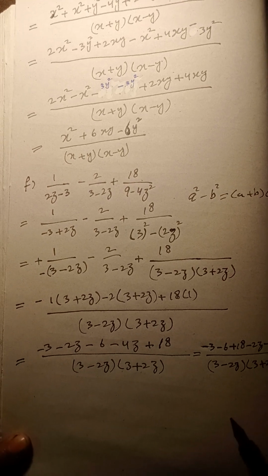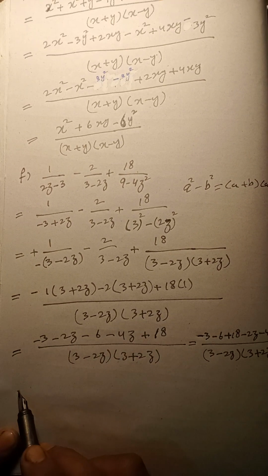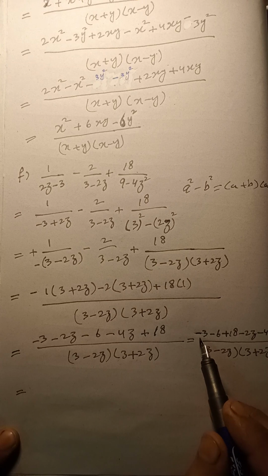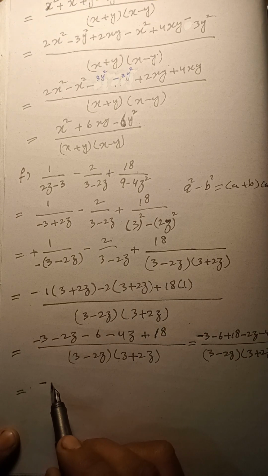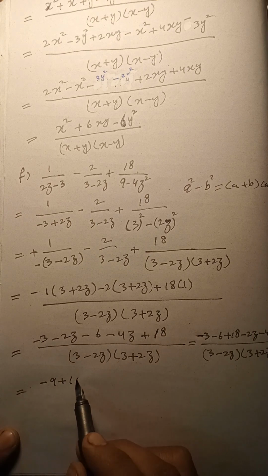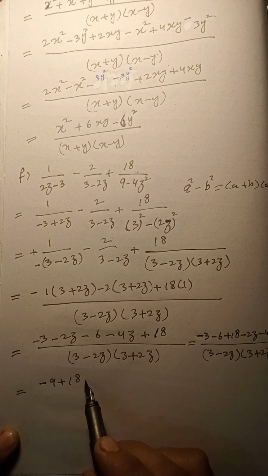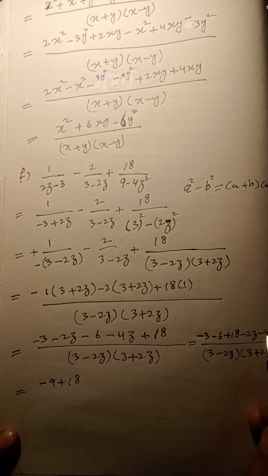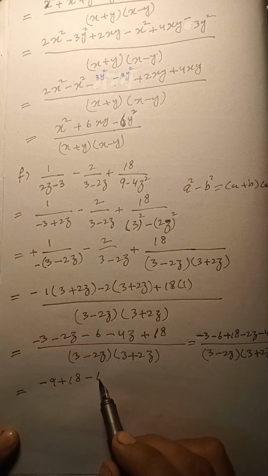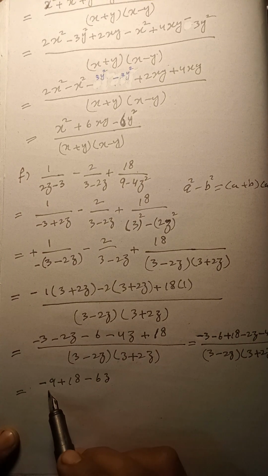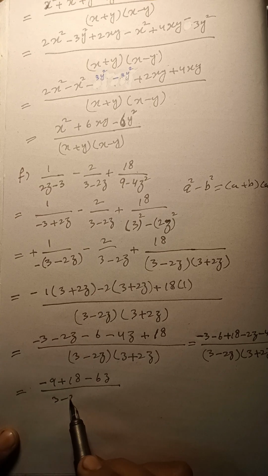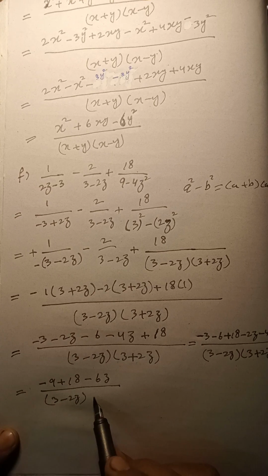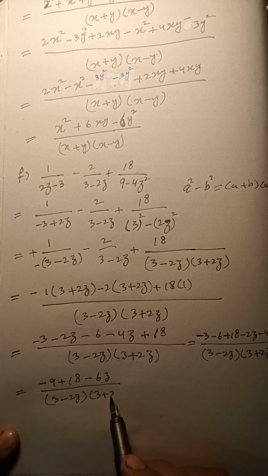Now you can see that minus 3 minus 6 makes minus 9, same signs will be added, and plus 18, and minus 2z and minus 4z makes minus 6z, and in the denominator you will write the same, 3 minus 2z and 3 plus 2z.